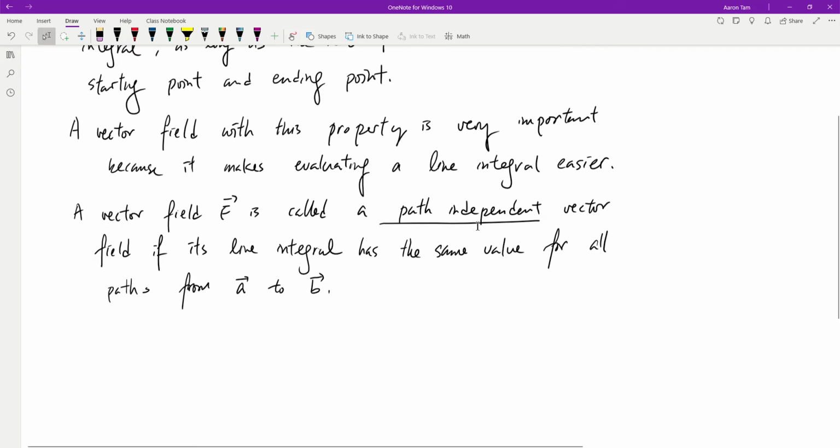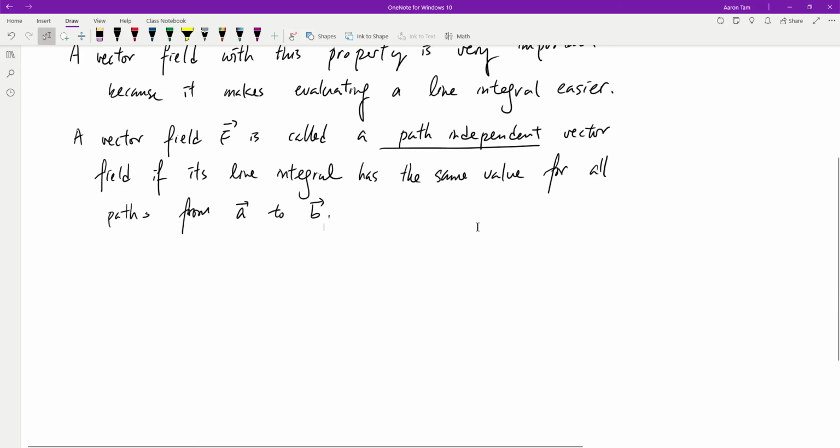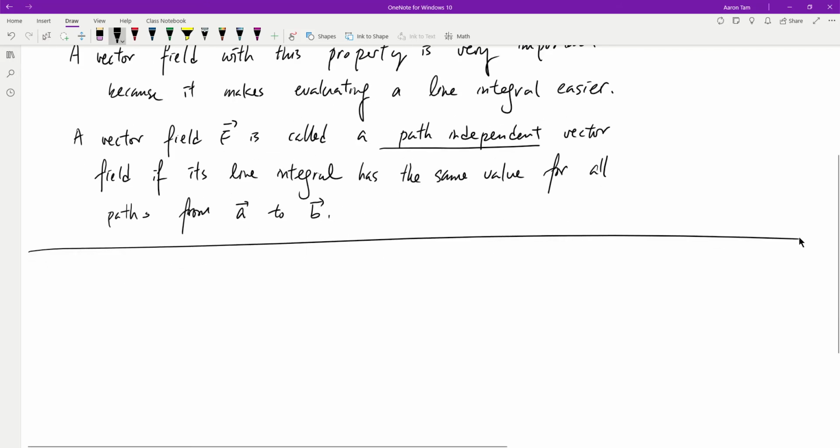And this is a vector field you have actually already seen in chapter 8.